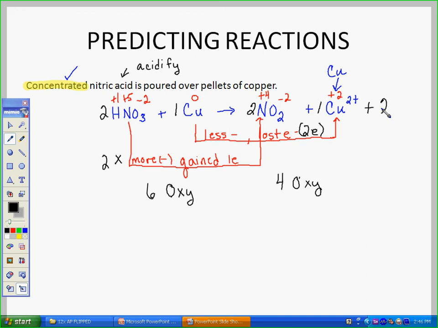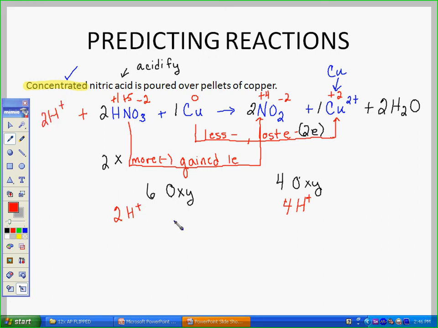In an acidic solution, you add a water for every deficient oxygen. So now I want to look back and balance my hydrogens. I have 4 hydrogens on this side, and on this side I have 2 H pluses. So I need to add extra H pluses on the opposite side.